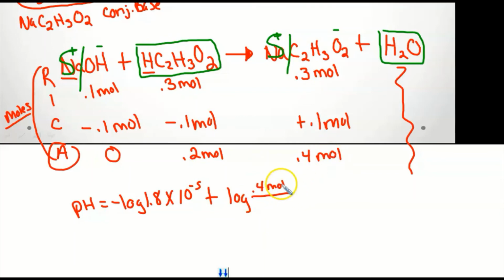Oh, I should say, in Henderson-Hasselbalch, because this is a ratio, your unit can be in moles or molarity. It just can't be grams. So 0.2 moles, and you can put that in. And I got 5.8.